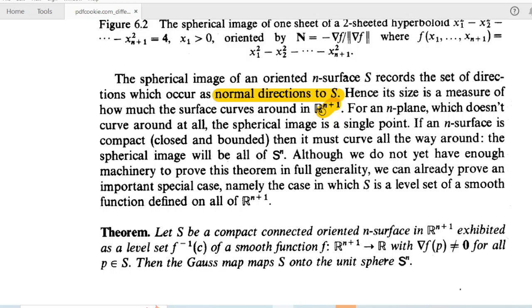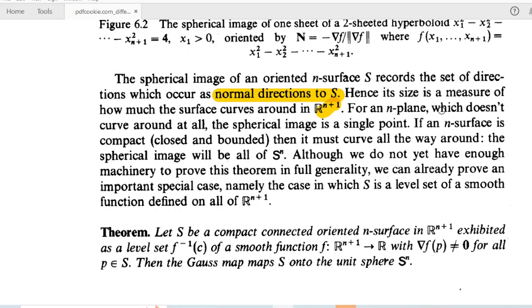In the same way, here we are studying the normal vectors on the surface, which will help us study how much the surface curves in R raised to n plus 1.